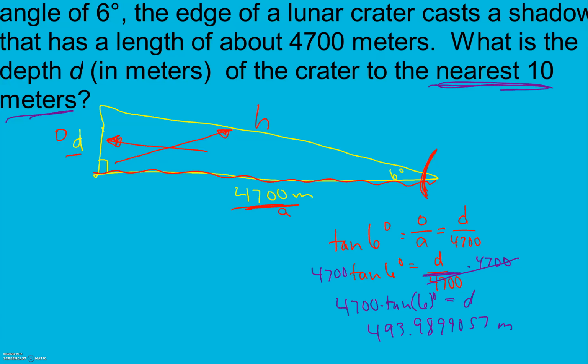So we rounded to the nearest 10s spot, right here. I look at the 3, it rounds down. So instead of being at 493, I round down to just 490 meters. And that's my approximate depth. And that's all I have for section 9.7.